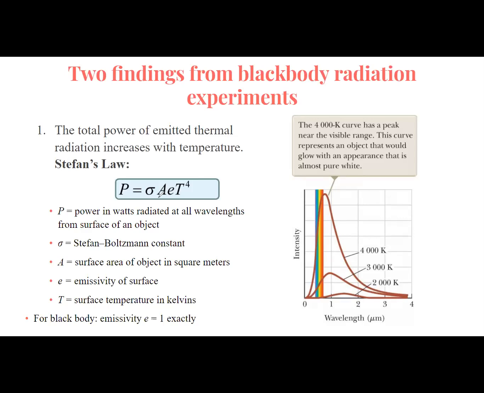Theoretically, nothing is a pure absorber or emitter, except a black body. So a black body has an emissivity of 1. It's really good at emitting thermal energy. In the real world, this value e is obviously less than 1. And then T is just the temperature of the object, of the person, in kelvins.